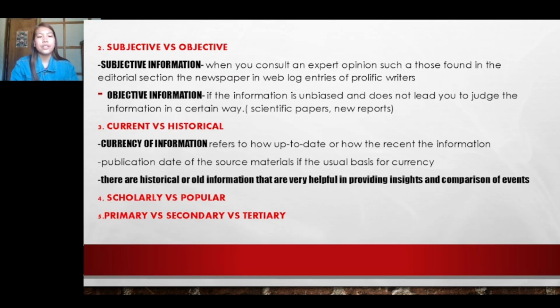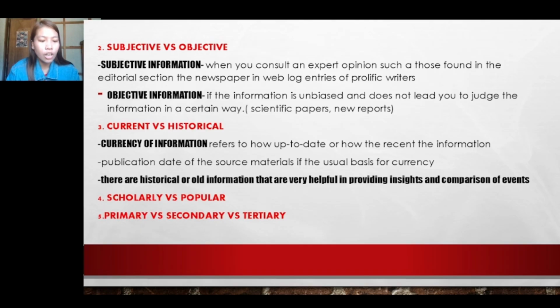We have here the current and the historical. Current information refers to how up to date and how recent the information is. It has a date of what happened, the time, or the recent information that you have.